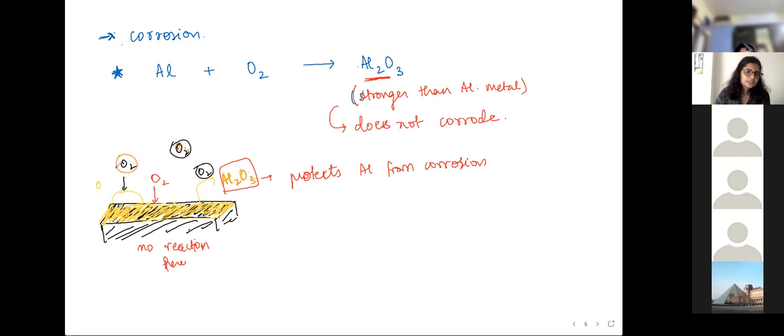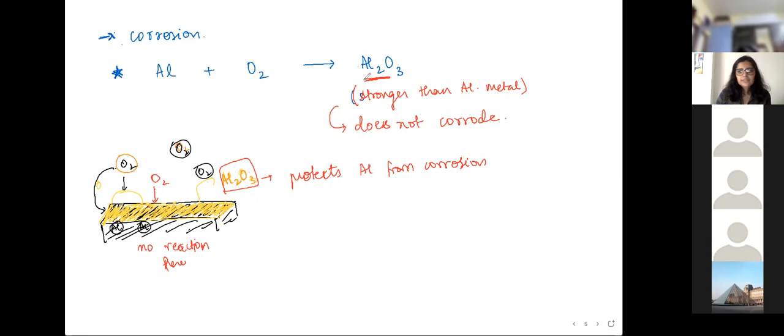When an oxygen molecule comes into contact with the aluminium molecule here, right? Initially, if you have a fresh block of aluminium, that's what happens. Oxygen comes into contact with aluminium and it reacts. So when it reacts, it forms this yellow layer of aluminium oxide on the outer surface of the block.